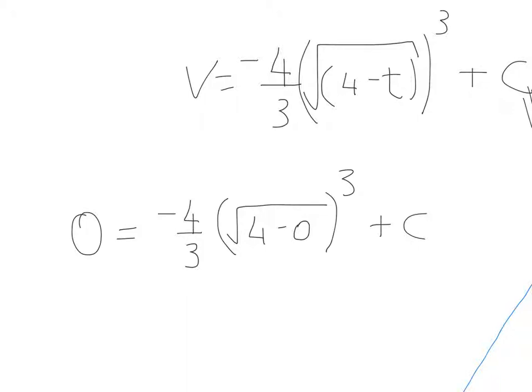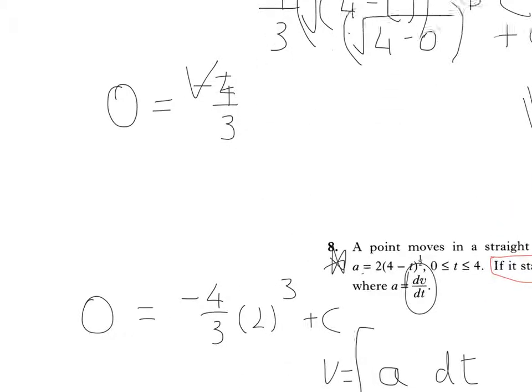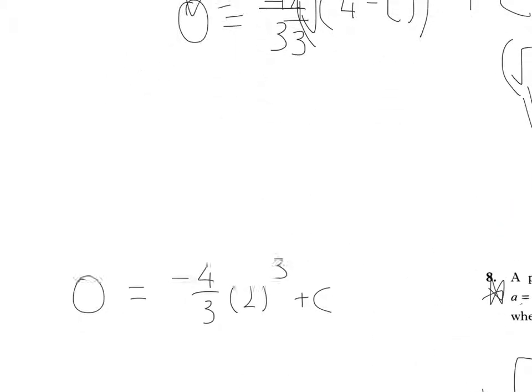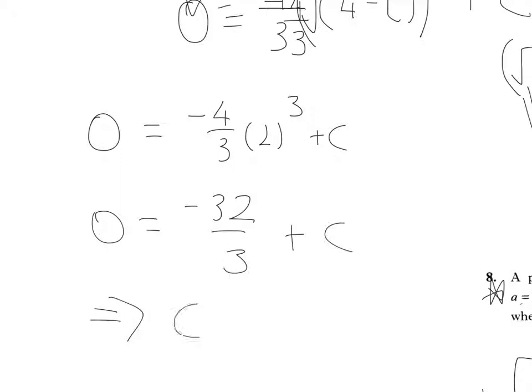So that will now be minus 4/3 bracket 2 cubed plus c. That then gives me 2 cubed is 8, 8 times minus 4/3 is minus 32/3 plus c, which implies that c is equal to 32/3.